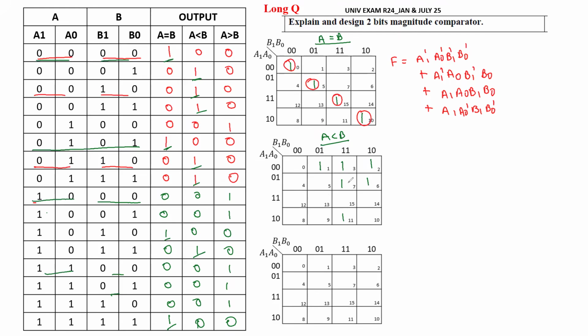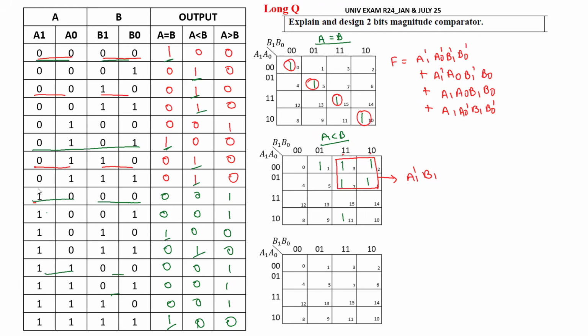Okay. So now here again, if you see that combination is possible. So this one we can make one quad here. For this, what value we'll get here? Row wise common is A1 dash and column wise common is B1. Okay, this is the common here.